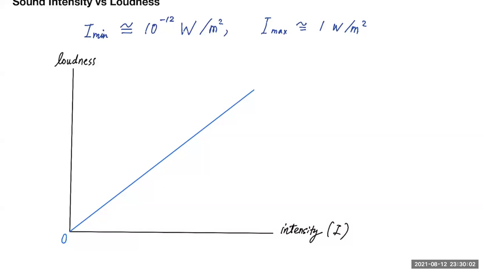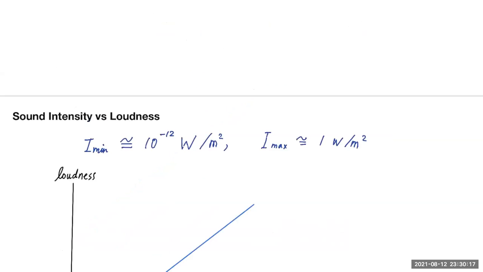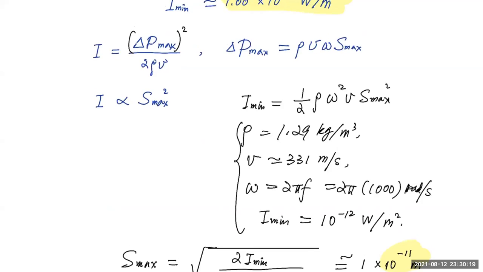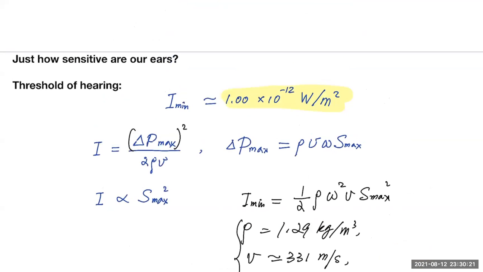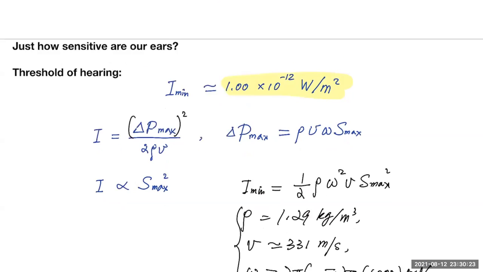In reality, our hearing is not perfect, meaning that even though the intensity is not quite 0, it's so faint that there's a point where we cannot hear anymore. In fact, there is a minimum intensity, which is 10 to the negative 12 watts per meter squared. Below that, we cannot hear anything.